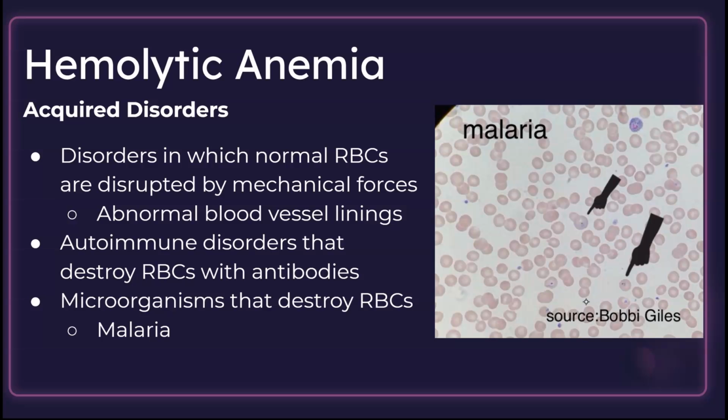Hemolytic anemia can also be caused by malaria. So if you happen to be traveling to one of those exotic locations where the mosquitoes are extra deadly, it will go and destroy some of the red blood cells. Autoimmune diseases also destroy red blood cells with antibodies. There's a lot of different reasons that the blood cells can be destroyed.